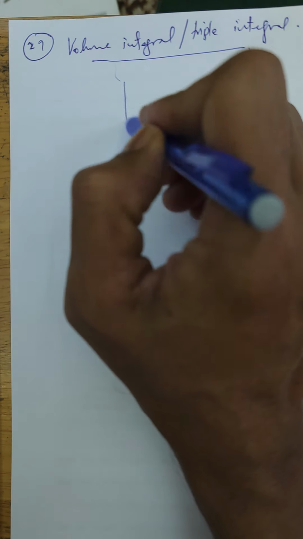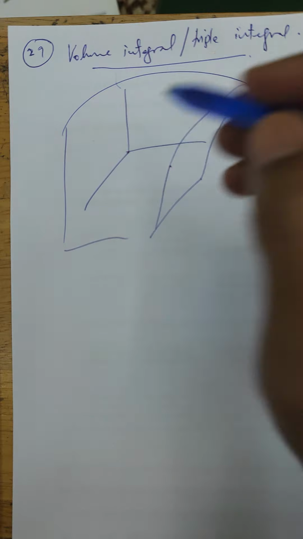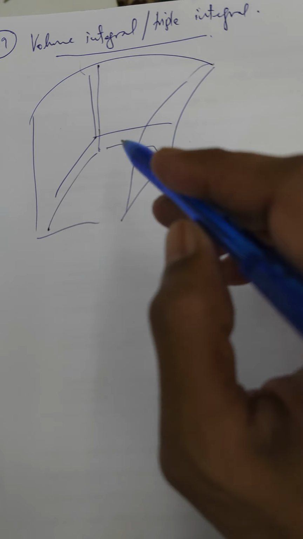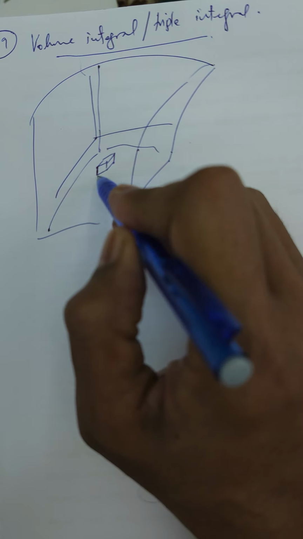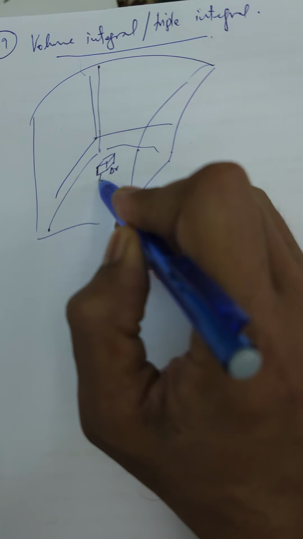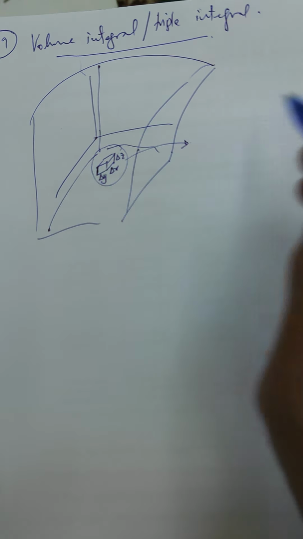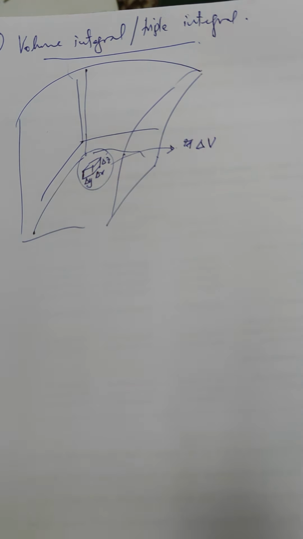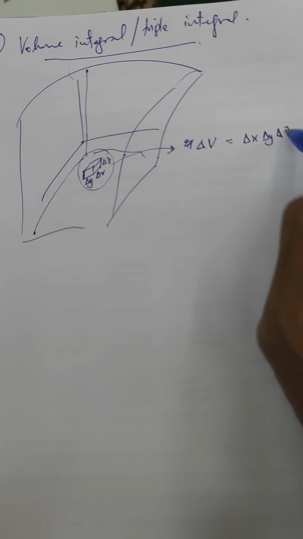Basically, if you have a region, and you take a part of it somewhere here with delta x, delta y, and delta z, then for that small volume, let's say delta v represents the small volume there, and it can be written as delta x times delta y times delta z.